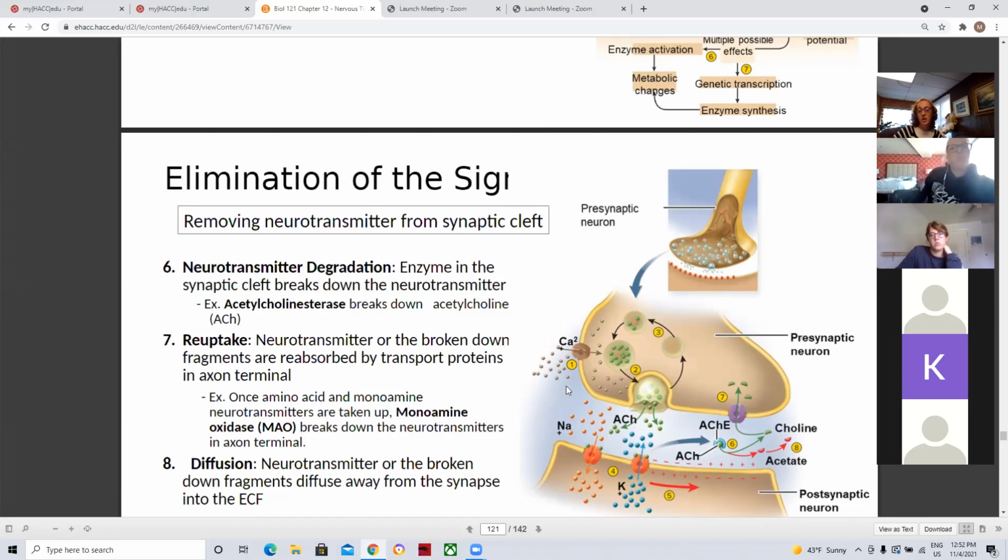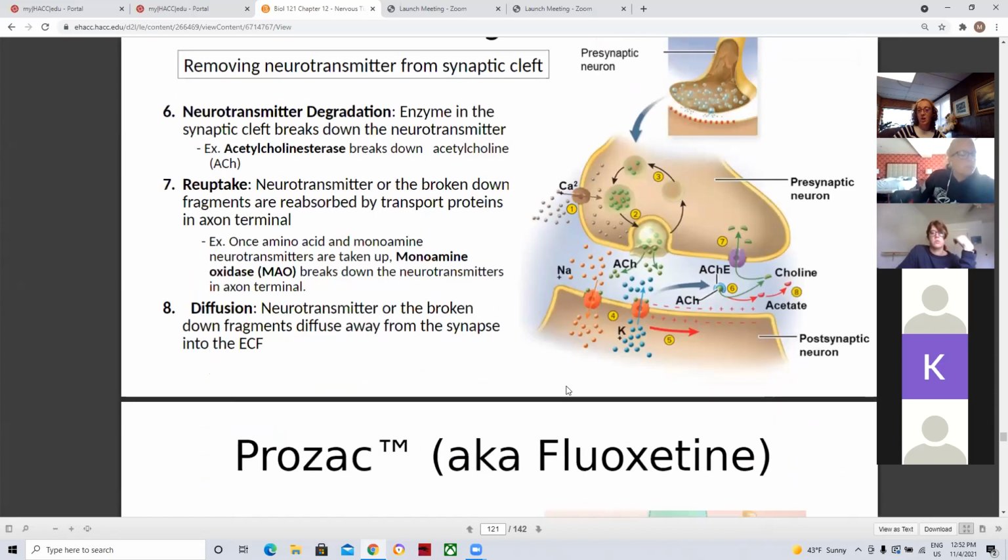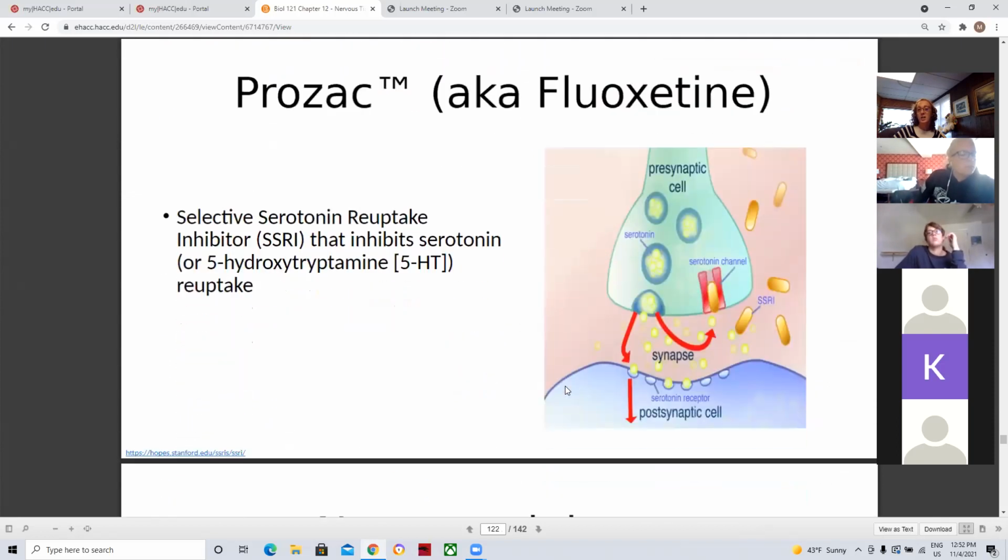Now, if you remember, we talked about the fact that many drugs work on the effects of neurotransmitters. One of the ways that they work is preventing breakdown of neurotransmitter or getting rid of it faster. Prozac is a selective serotonin reuptake inhibitor.